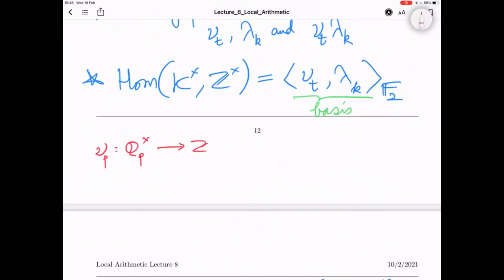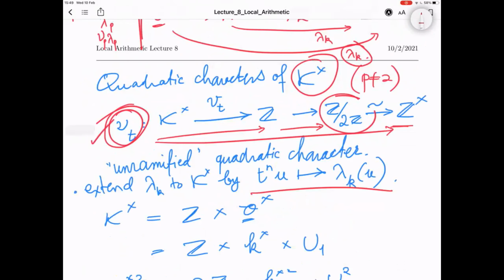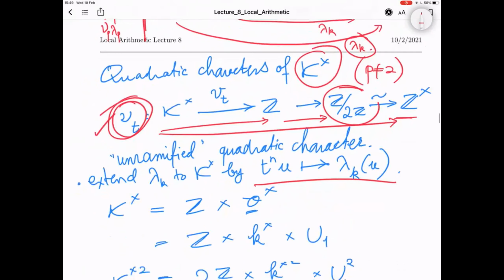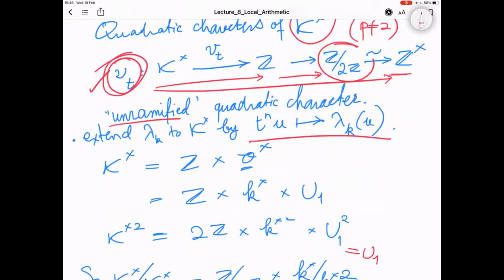From there, you went to Z, and this was the valuation v_p. Then, of course, you can go modulo 2 to get Z mod 2Z. So that's a group of order 2, and there's a unique isomorphism between these two things. And this whole thing is just nu p. Okay, so I've got this nu t here. And for some reason, I'm going to call it the unramified quadratic character of K star.